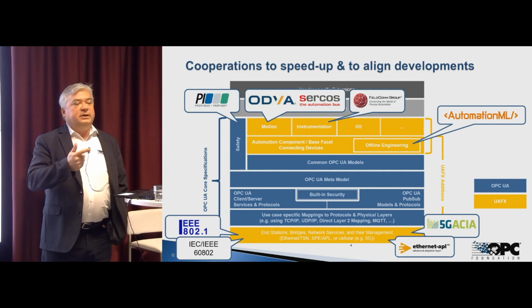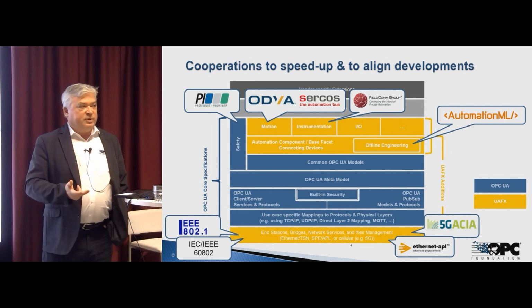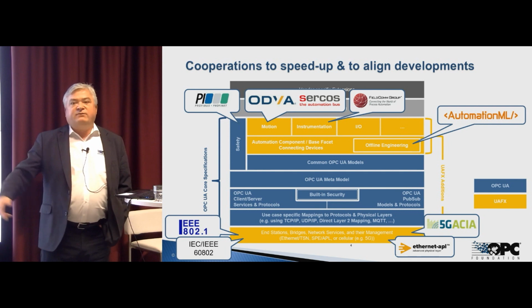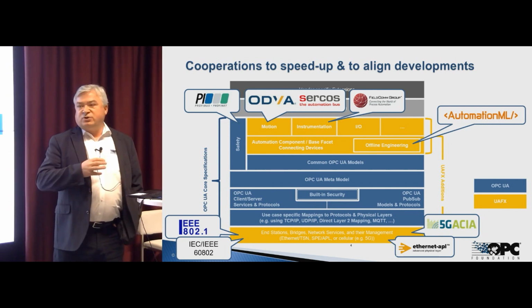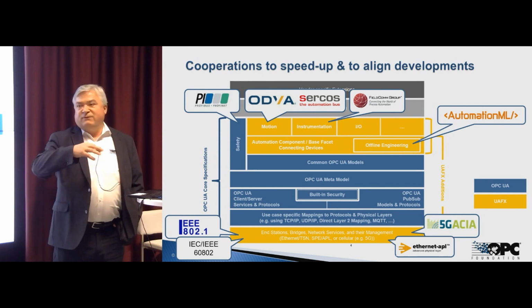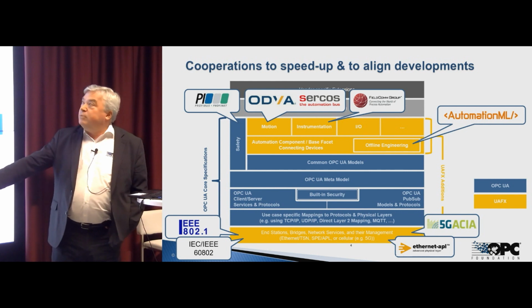We rely on the new type of Ethernet, Ethernet time-sensitive networking, the deterministic Ethernet, but also have liaisons with, for example, the 5G ACIA to make sure we easily can integrate 5G into our concepts. And from the 5G ACIA side, also the other way around, how does OPC UA fit into the 5G ecosystem? So this is more about the communication.